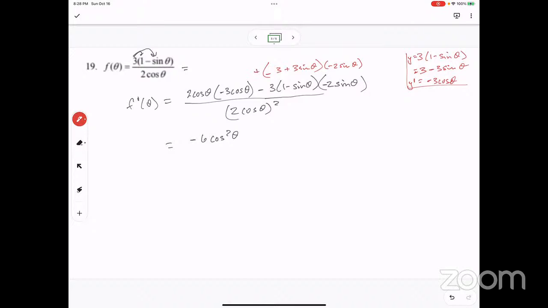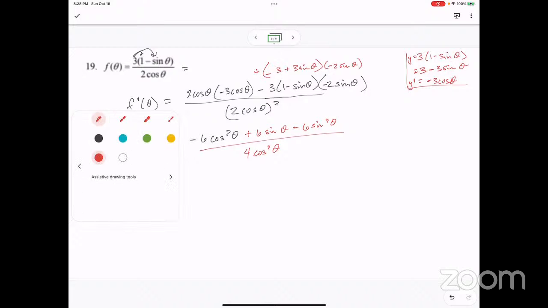So when I distribute that, it's going to be plus 6 sine theta and then minus 6 sine squared theta. I was just very careful on doing that. All over 4 cosine squared theta, because I just squared it.